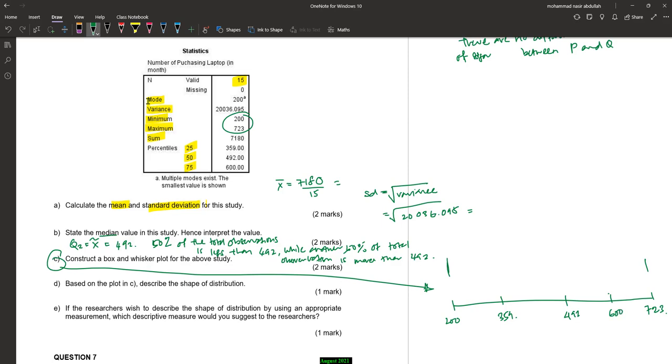Wait, 359, yeah. So this is the first box, this is the second box. You use your ruler properly, otherwise it won't look good.